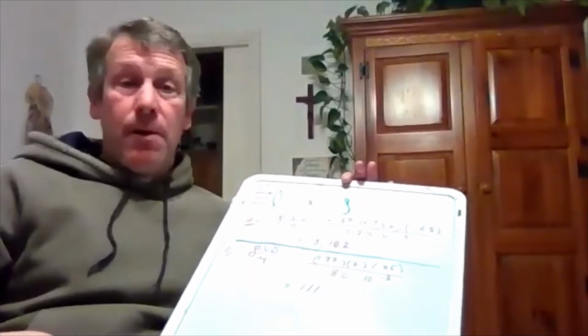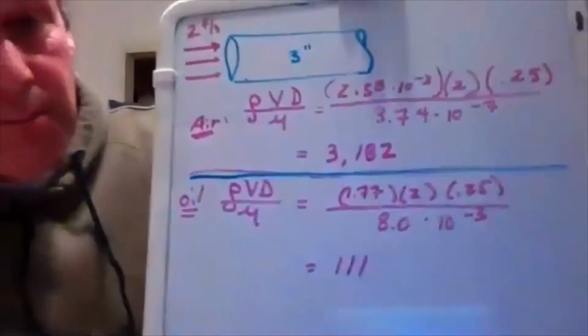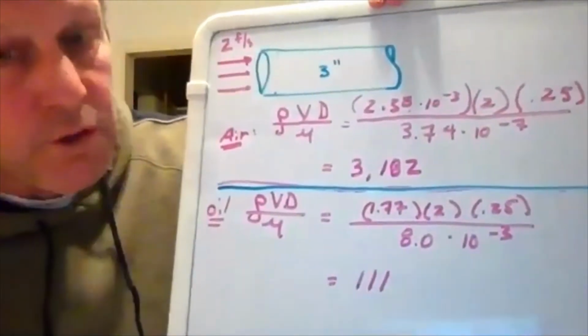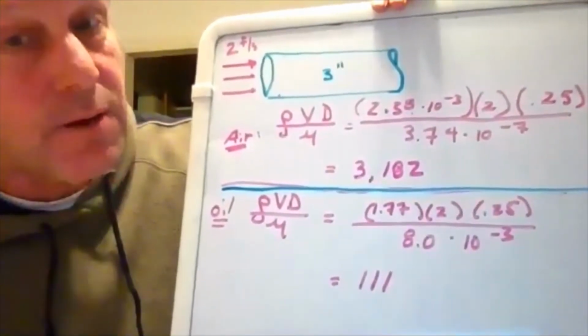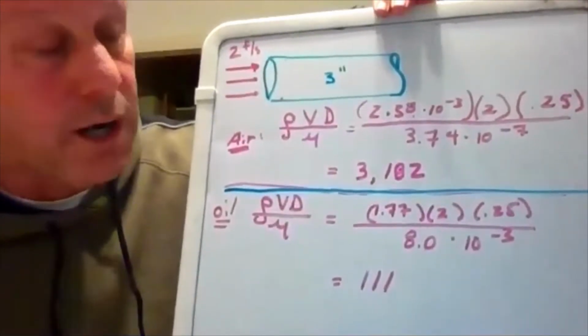All right, probably one more that's worth doing is water. How's water going to turn out? More or less likely to be turbulent? Well, water and oil's density are pretty similar, but on the other hand, water is less viscous than the oil. It is so much easier to pour water.